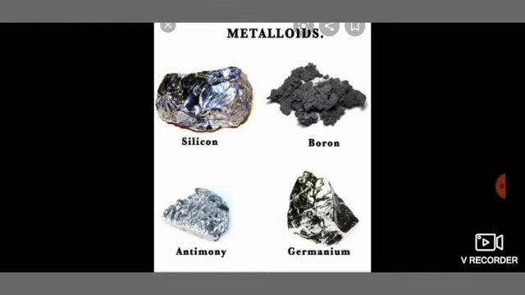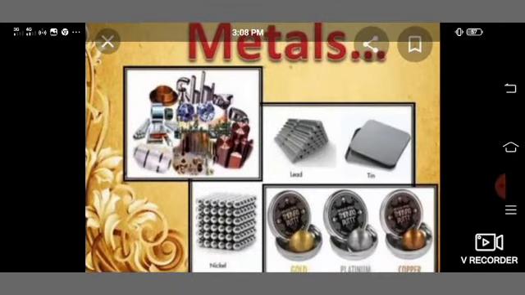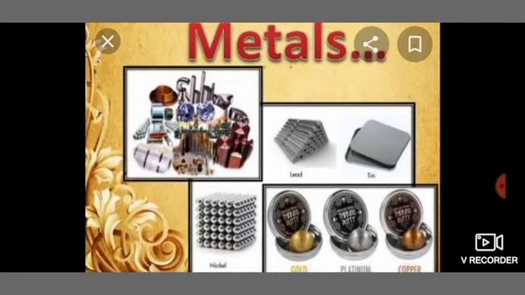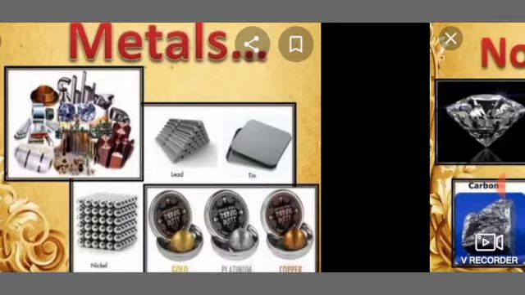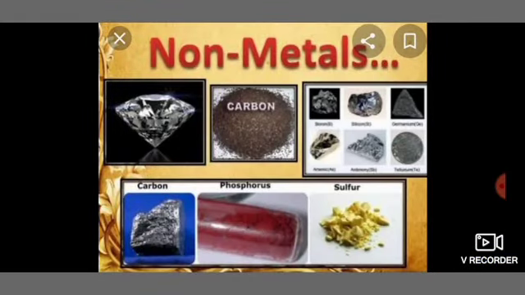Some examples: silicon, boron, antimony, germanium, etc. Metals: gold, lead, tin, nickel, platinum, copper, etc. And non-metals: carbon, phosphorus, sulfur, etc.